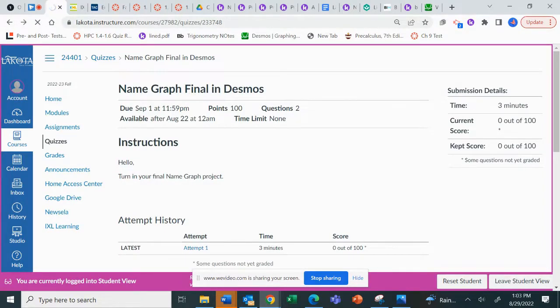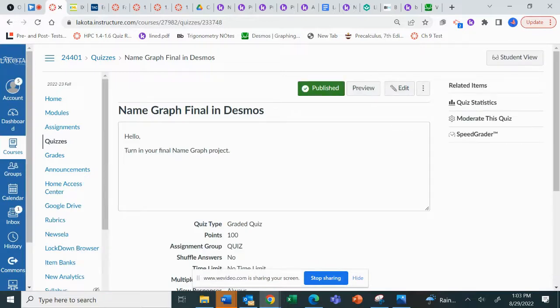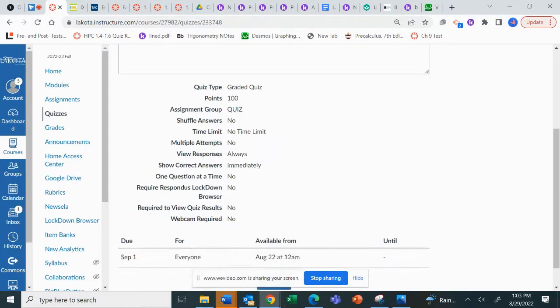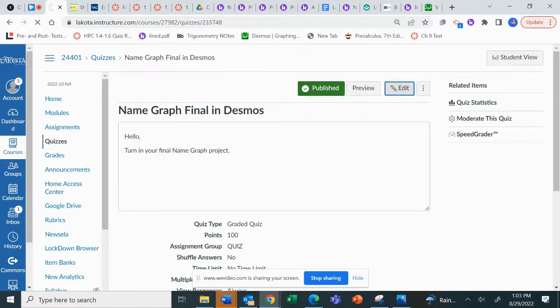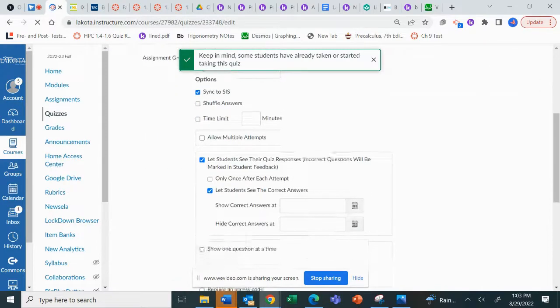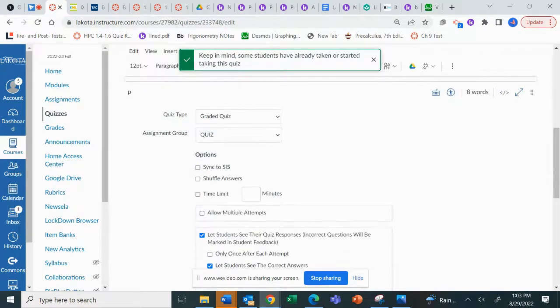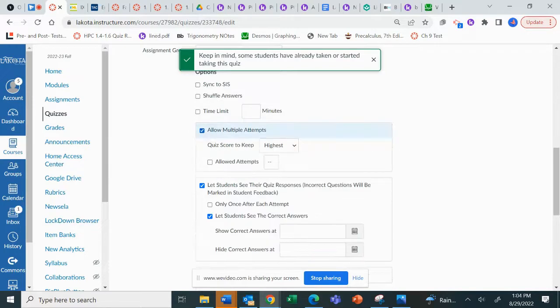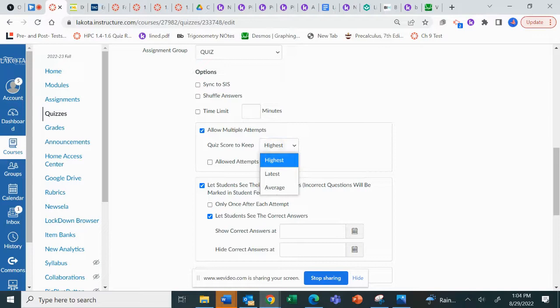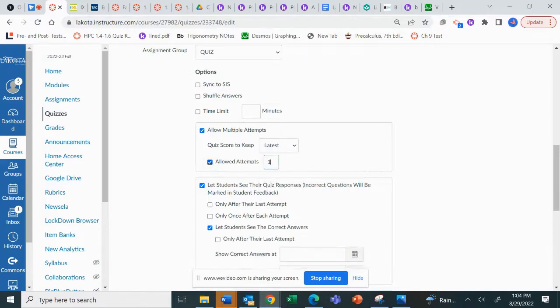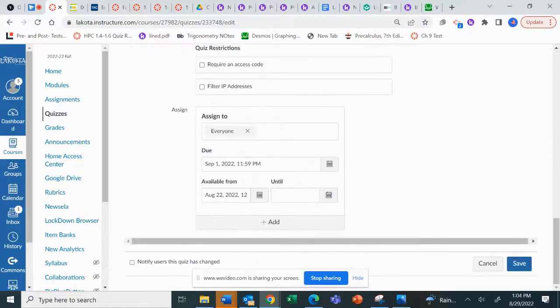Hold on one second. There's something wrong with my thing. I gotta get out of student view. I forgot I did this earlier. I don't think I gave multiple chances. If not, I got to give you multiple chances. There we go. There, I'll give you 20 chances. You shouldn't need 20 chances. Now let me try it again as a student.